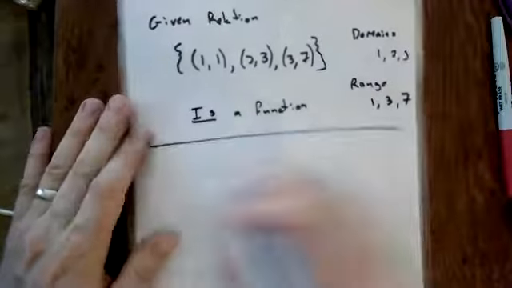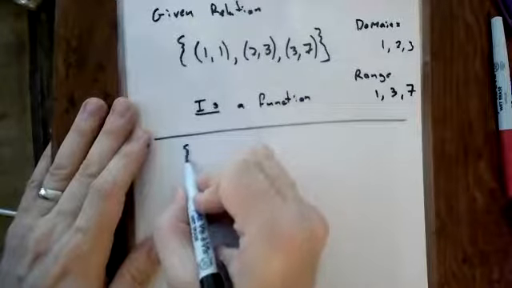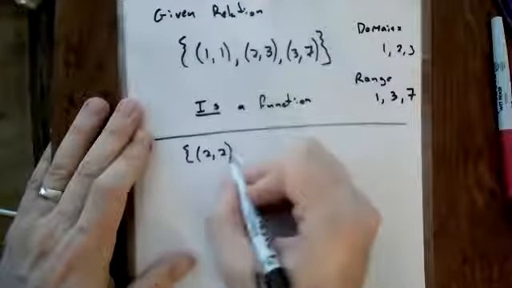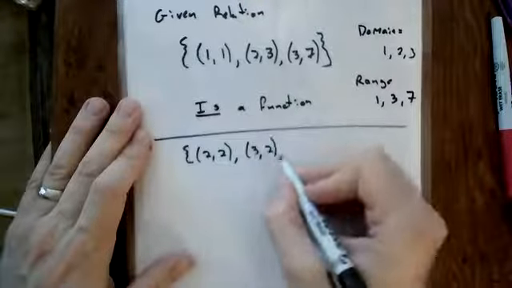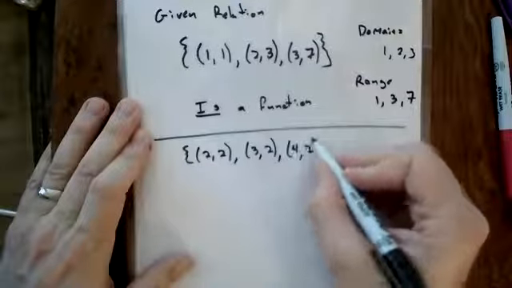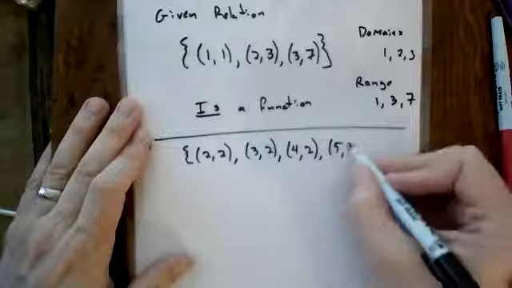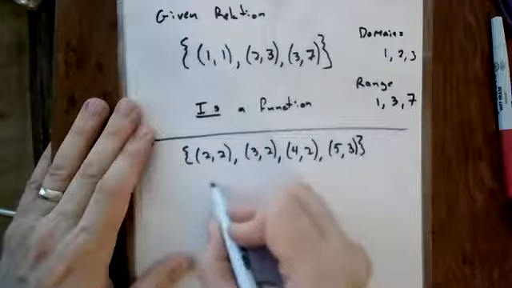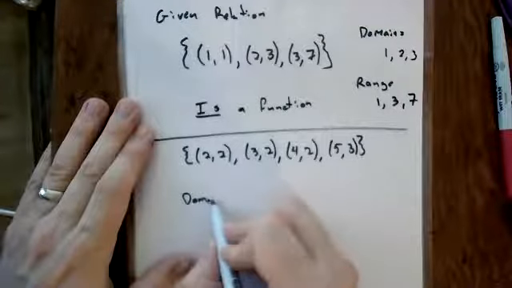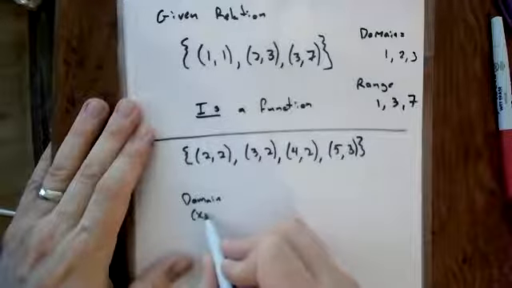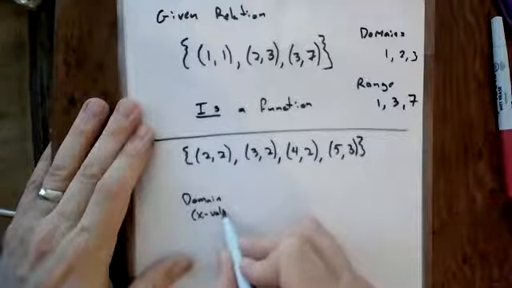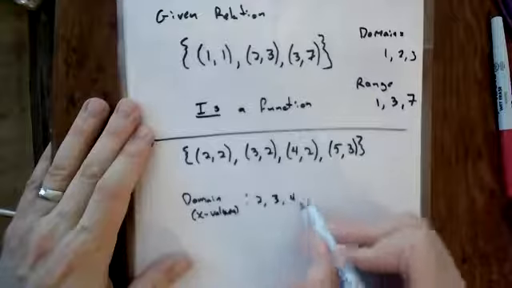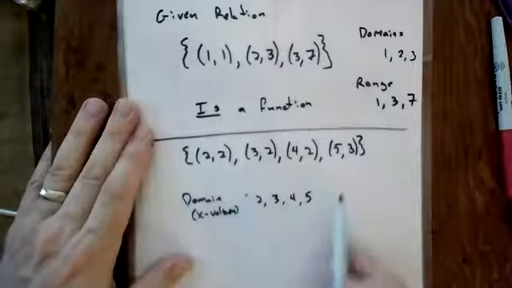I'll do another example. Let's say I've got 2, 2; 3, 2; 4, 2; 5, 3. For my domain, these are the x values: 2, 3, 4, and 5, and I've only listed each of those once.